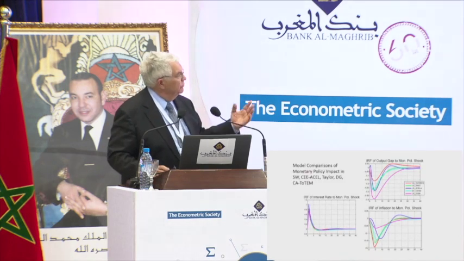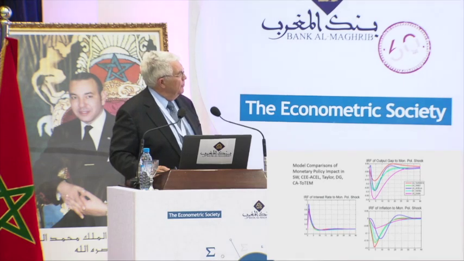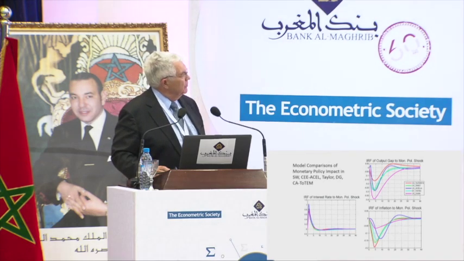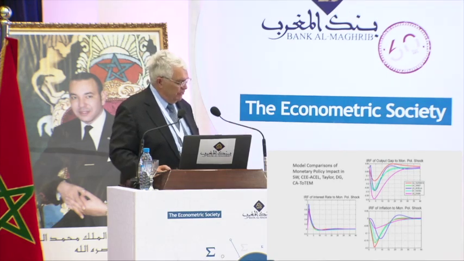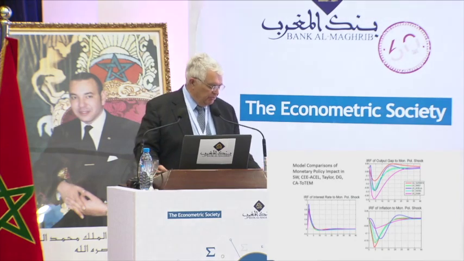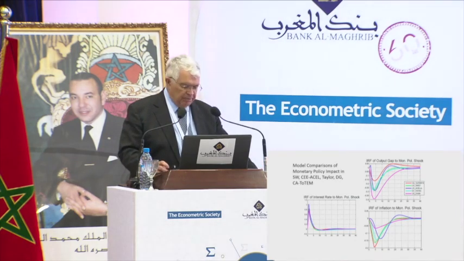With the red models I chose just for comparison, you can see the impulse response function over on the left, the interest rate itself. It goes up and then fades away, and its impact on output and on inflation on the left. The magnitudes are not exactly the same, but they're, I think, remarkably similar across these models. So there was a sense in which this approach was a property of many models.